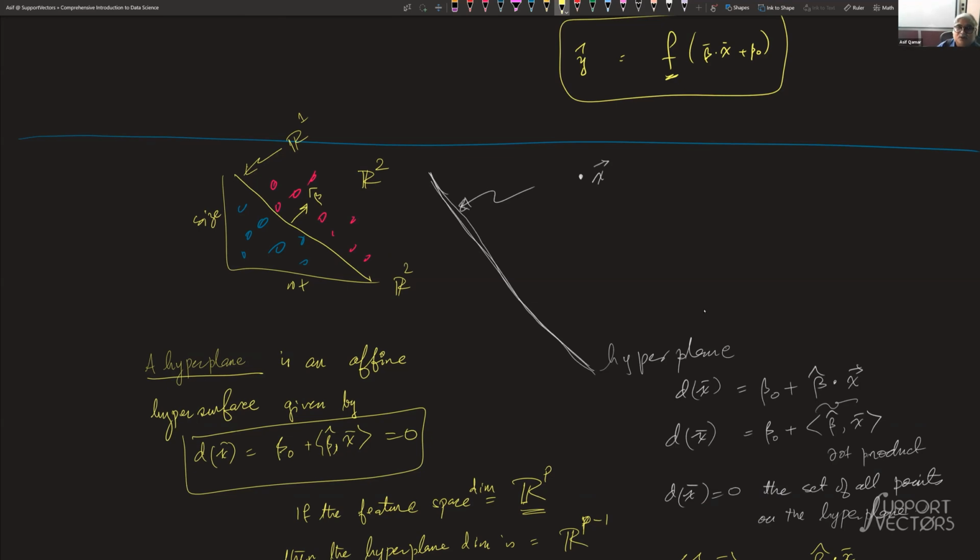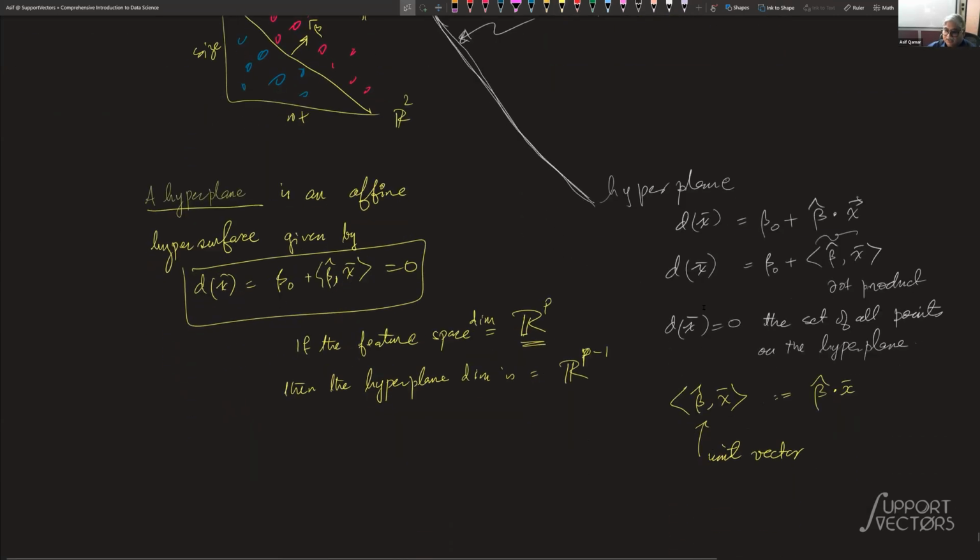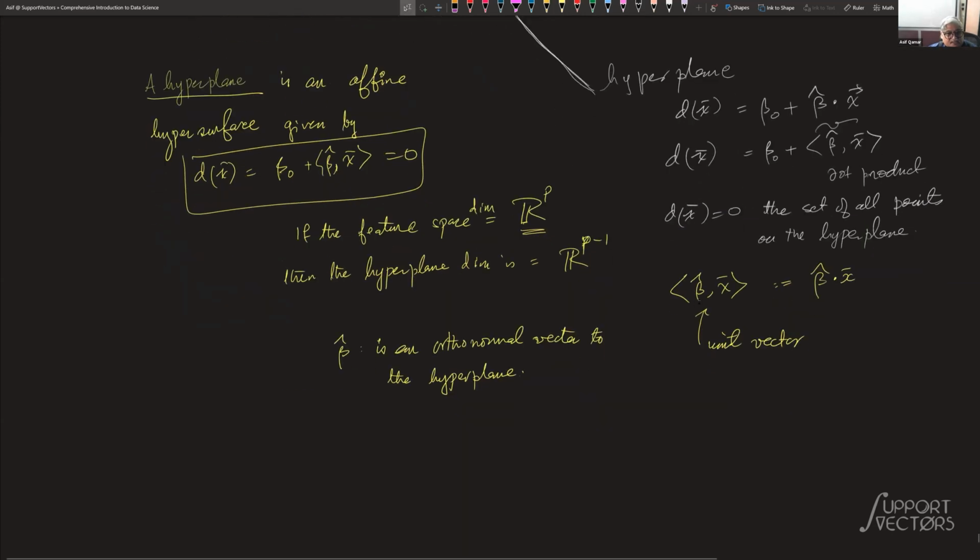So it is the orthonormal vector. We say a unit vector beta hat is orthonormal to the hyperplane. This is all a review of what we have done, and so this is the way that you posit this thing to be.